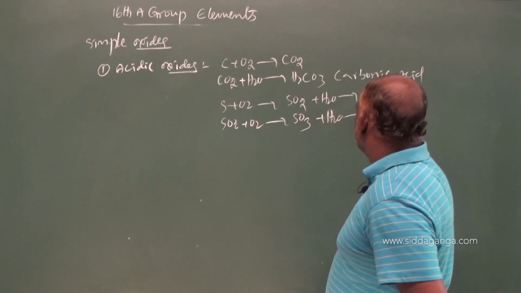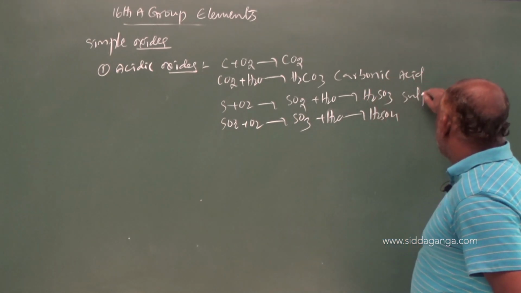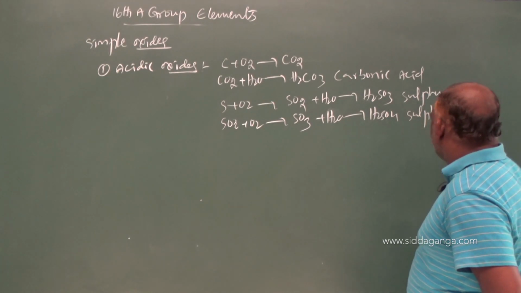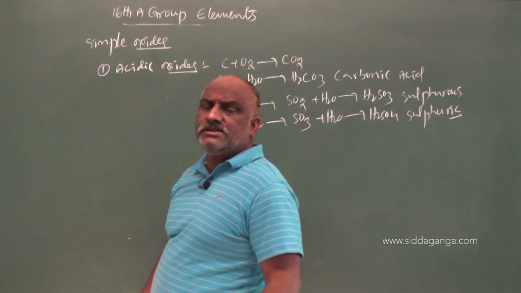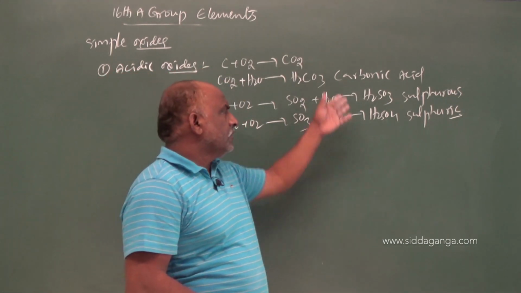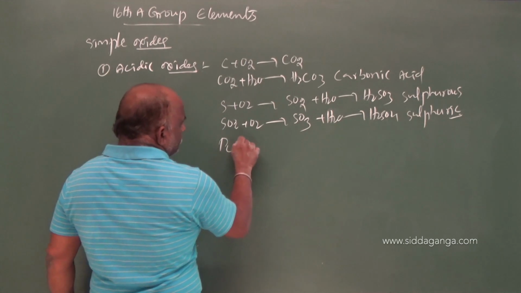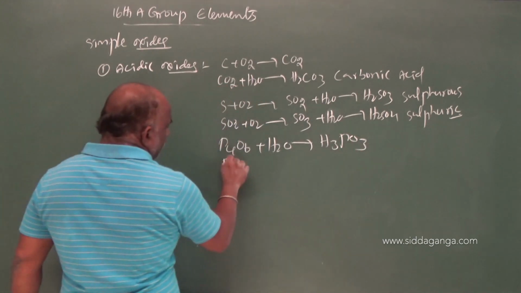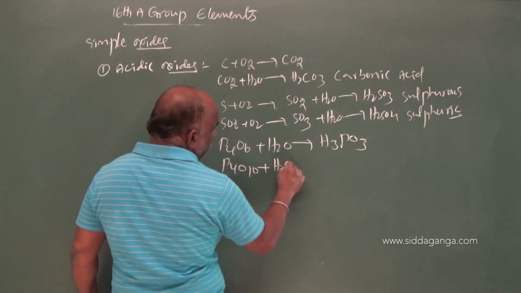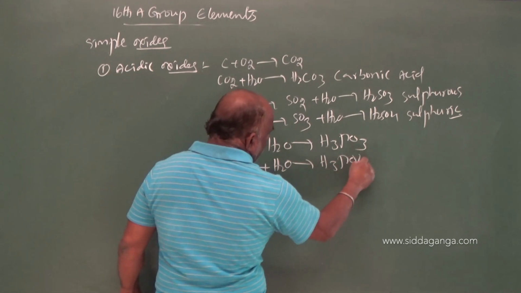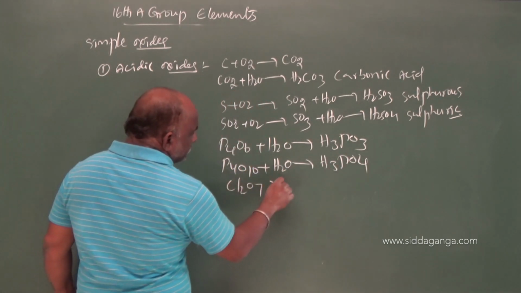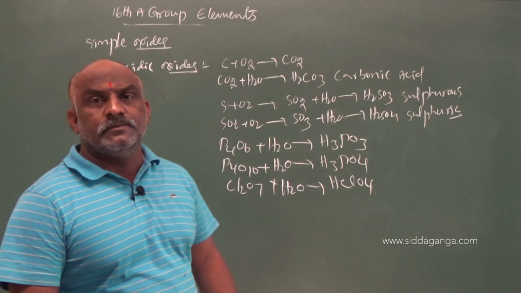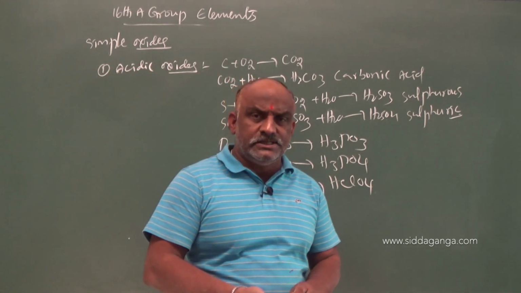SO3 plus H2O gives H2SO4, sulfuric acid. P4O6 plus H2O gives H3PO3, phosphorous acid. P4O10 plus H2O gives H3PO4, phosphoric acid. Cl2O7 plus H2O gives HClO4, perchloric acid. These all are acids.